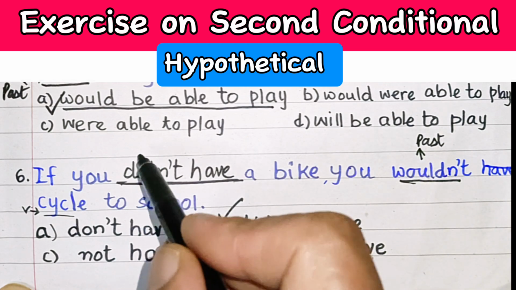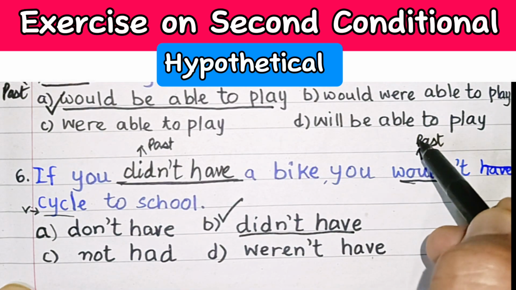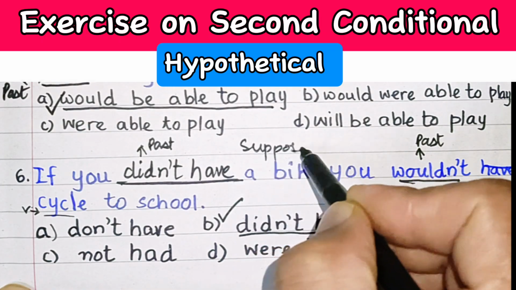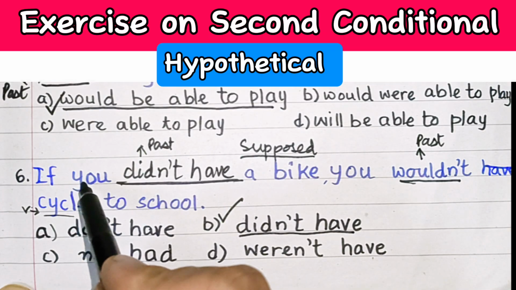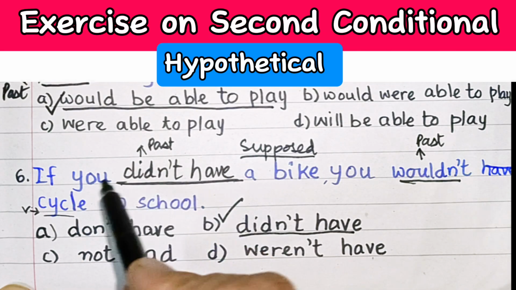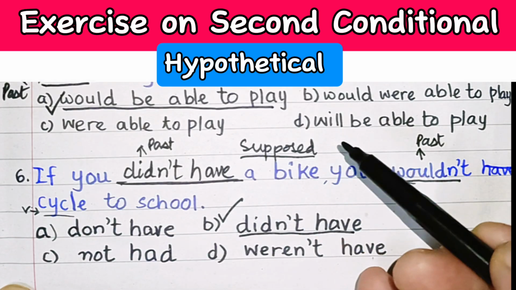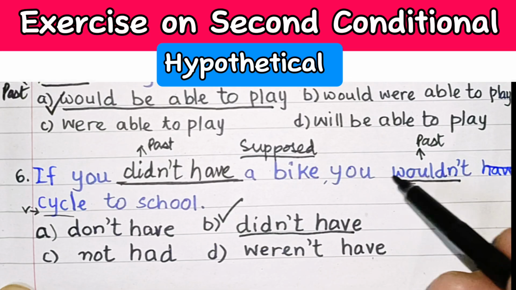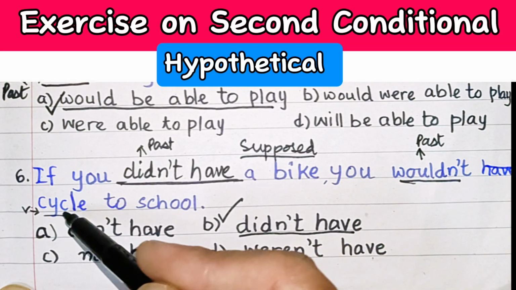Why? Again, over here, this one is in past. So double past is actually supposed past. Means this situation is supposed in the past. If you never possessed a bike in the past, which you did, you had a bike, you had been able to go to your school successfully.